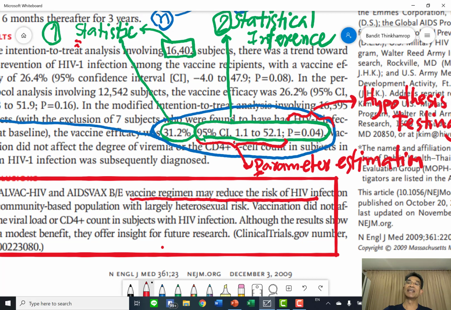If you say this vaccine significantly reduces or prevents HIV infection, it will mislead society that this vaccine works well. But if we look at the magnitude of effect, not the magnitude of chance, the magnitude of effect is how large the prevention proportion or the efficacy is.